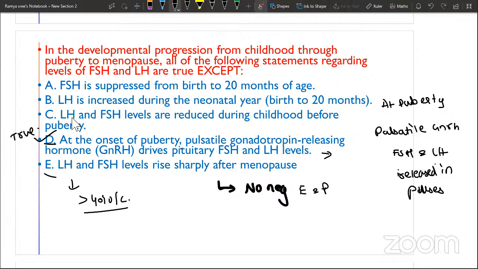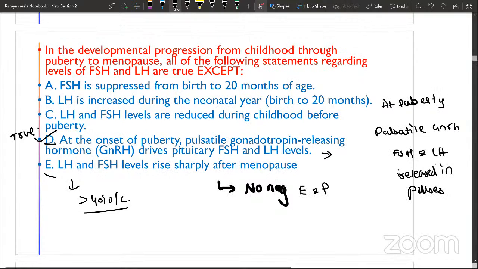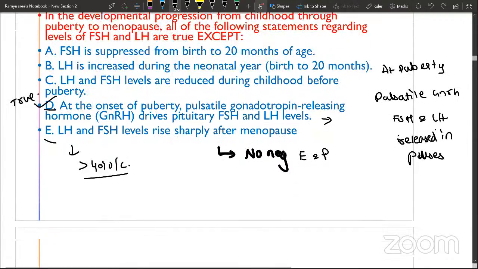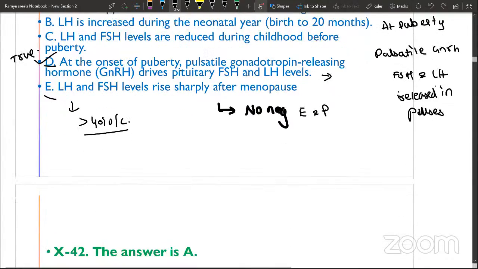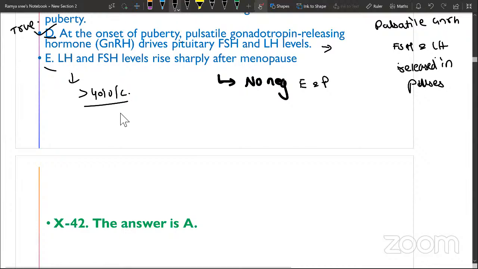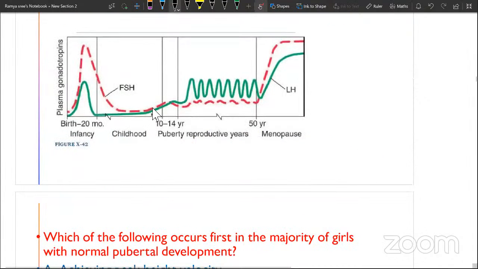A, B, C, we are in a little dilemma because that clarity we don't have. But I think we should have one clarity: what happens to the FSH and LH from childhood to puberty is their low levels because there is no pulsatile GnRH. At puberty, you're having pulses, so this too we had a clarity. After menopause, they are increasing. Can you see the beautiful graph?